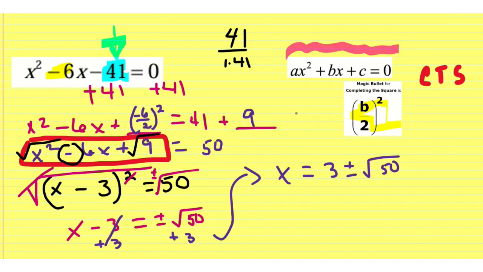Now, can we actually break down 50? Should we simplify this further? Well, let's check and see. If I have the square root of 50, I can break that down into 5 times 10, which also breaks down again into 5 times 2.